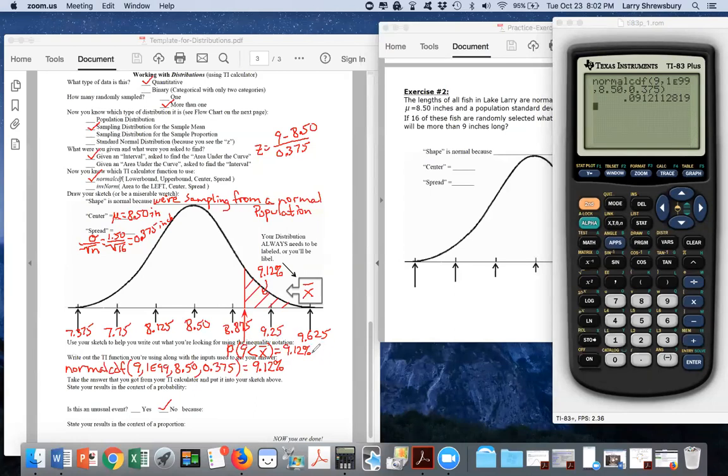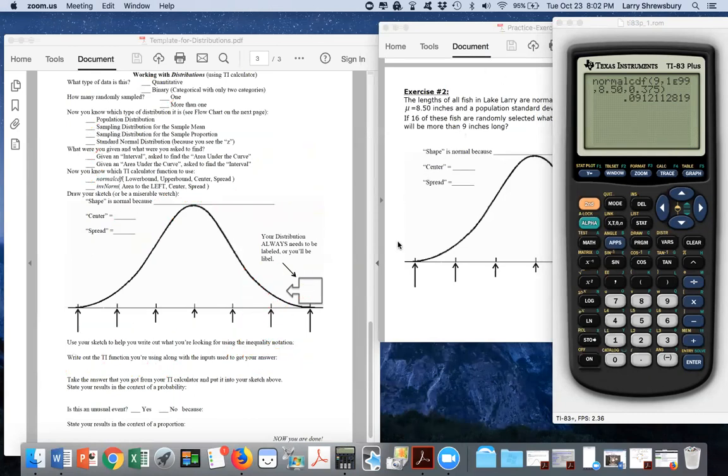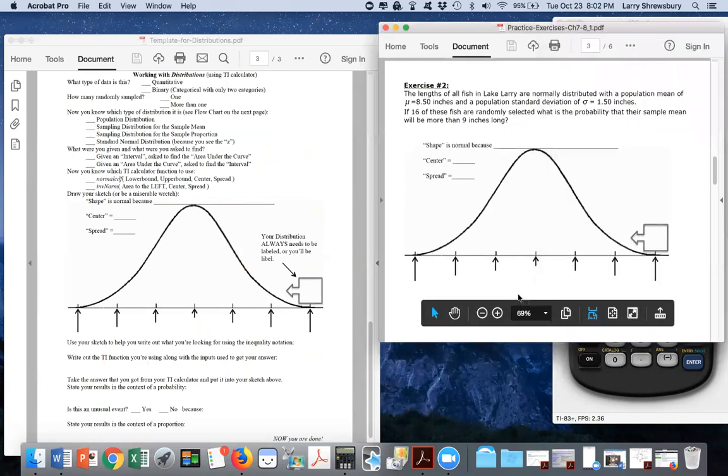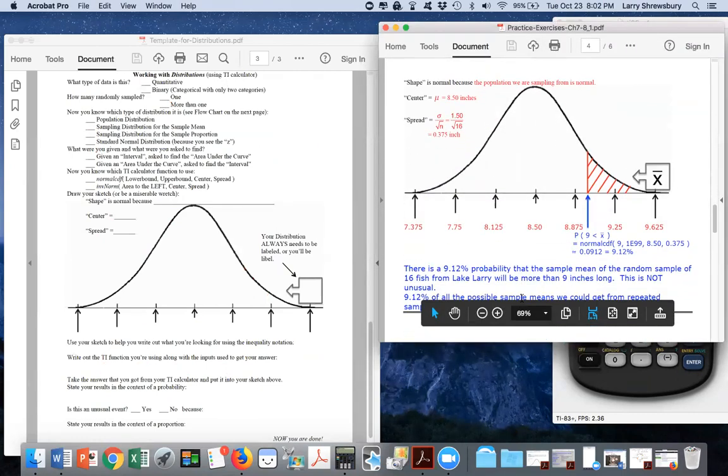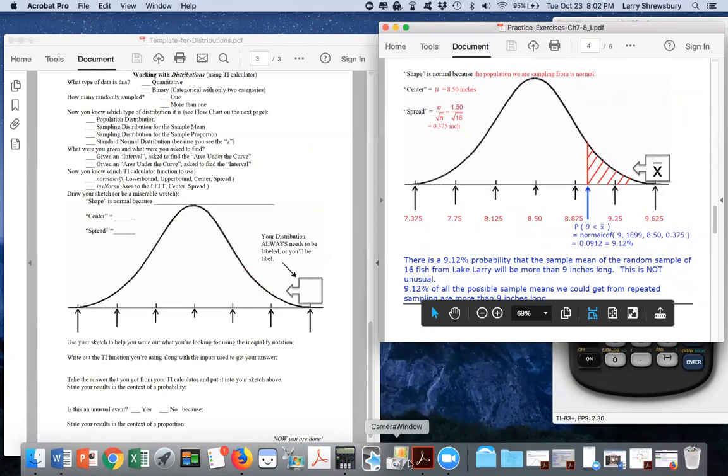And 9.12% of all the possible sample means you could ever get from resampling are going to be greater than 9 inches. All right, so let's clear that, and then we'll scroll down. Whoops, I forgot to turn off my annotation tool. So there you go, a nice tidy version, all typed up.